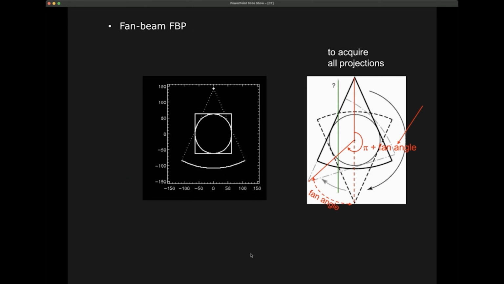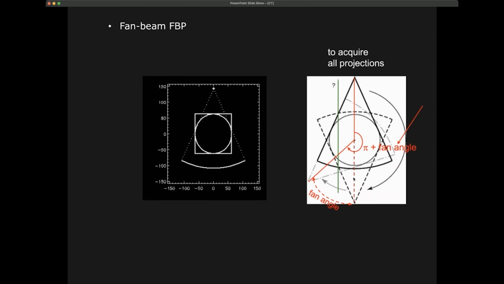So what we work with in reality is what's shown here. We work with fan beams. We have an X-ray source, which is more or less a point that sends out X-rays in a fan shape, and we have a broad detector that is measuring all these different projections. But obviously now our projections are not coming from parallel lines anymore, but from diverging lines.